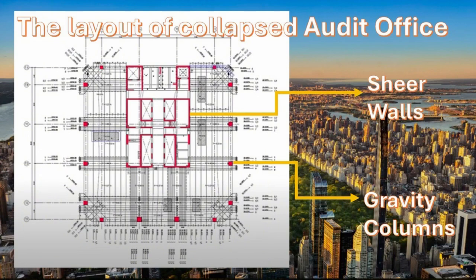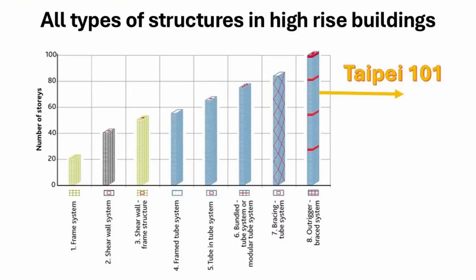And when we come back to Bangkok to look at the layout of this building, this office is also composed mainly of shear walls and gravity columns, so it's a typical shear wall system. But actually, there are many types of structures in relation to height and floors. From the lowest, about 20 to 30 floors, we usually choose the frame system.